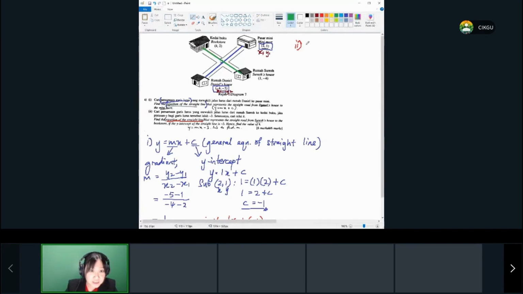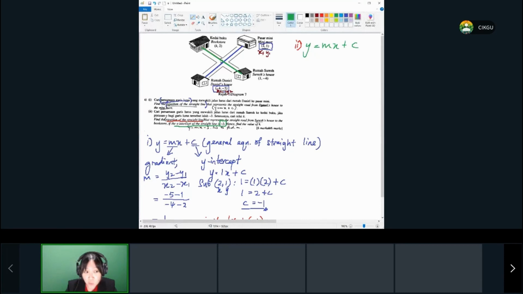Same thing, y equals to mx plus c. Every time, guys, seriously, every time you see equation of straight line, just start from y equals to mx plus c. Always just start from there. Then what do I do? What information did they give us? The y-intercept of the straight line is -3. Yay!